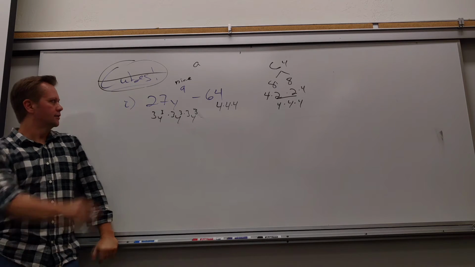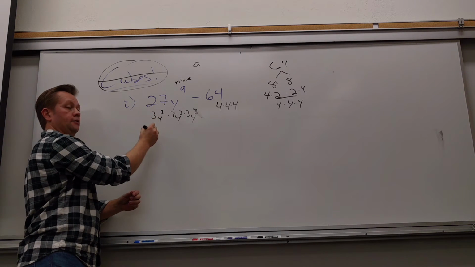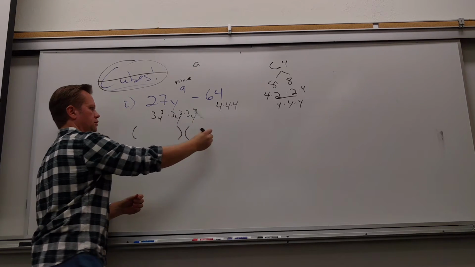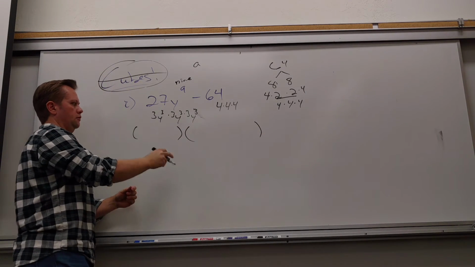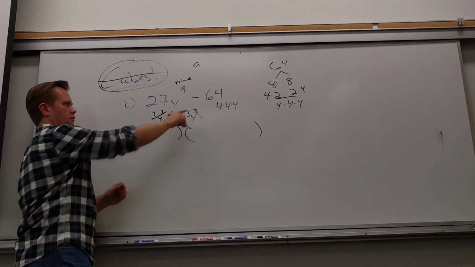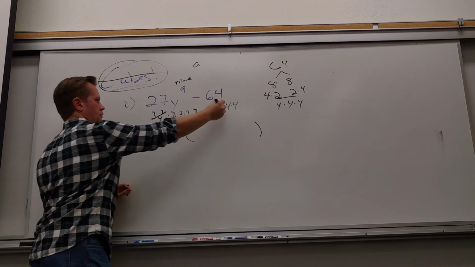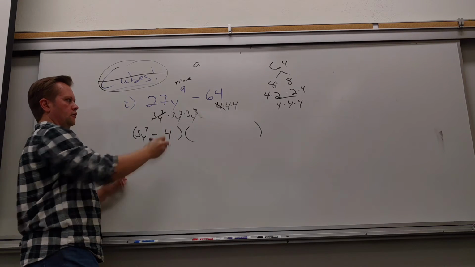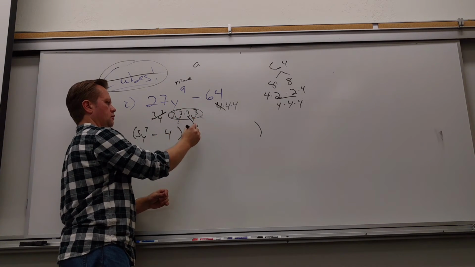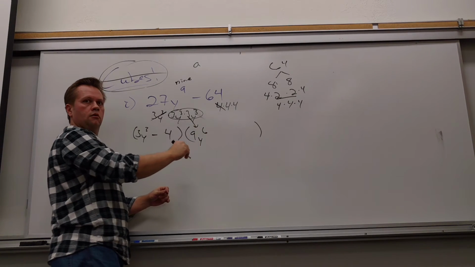All right. So what do I put down here? Small dude, big dude. 3y cubed minus 4 cubed. Then 9y squared.